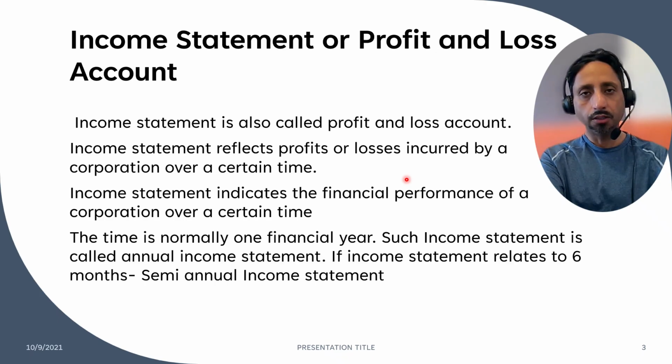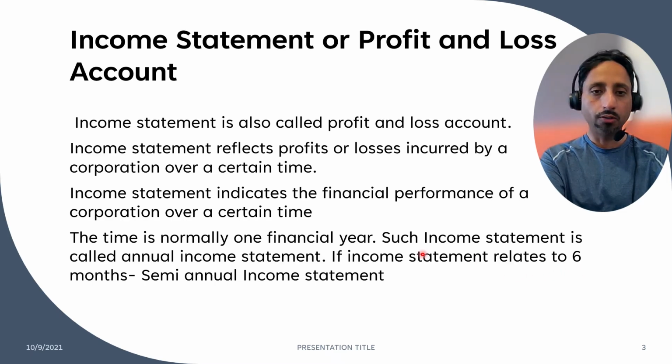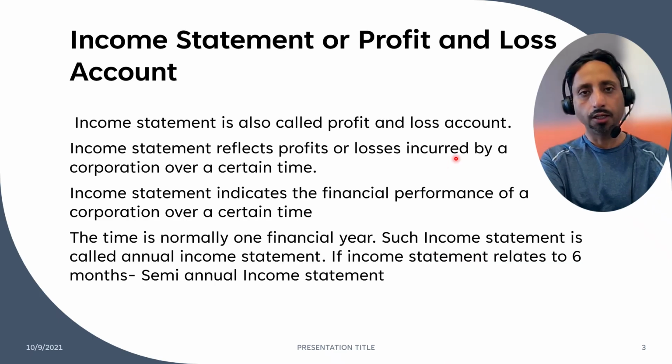Income statement indicates the financial performance of a corporation over a certain time period. If the income statement relates to a different time period, the title of the income statement will say that it's a semi-annual income statement if it's for 6 months, or quarterly if it's every 3 months, or if it's 1 year, it'll say annual income statement.